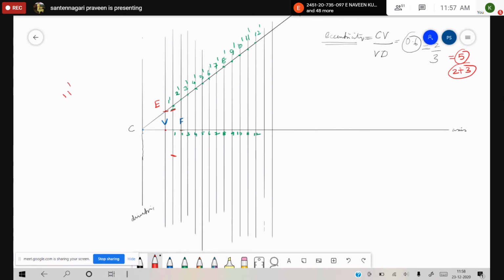Why I repeated this is that F is the center for everything. Whatever measurement you take, you do it with F as center. Only the radius changes. When we draw a line on 1, the radius is 1, 1 dash. When you draw a line on 2, the radius is 2, 2 dash. So here 2, 2 dash cuts the same distance.